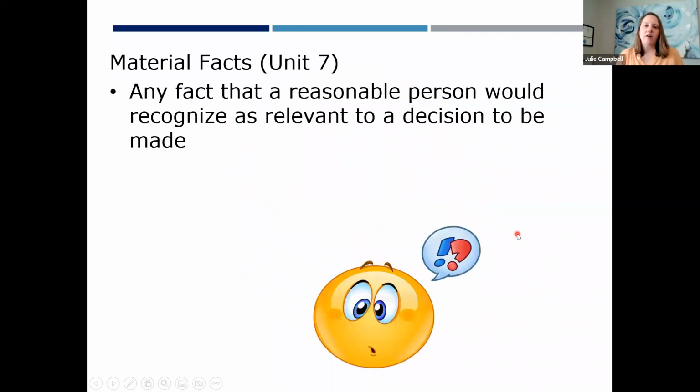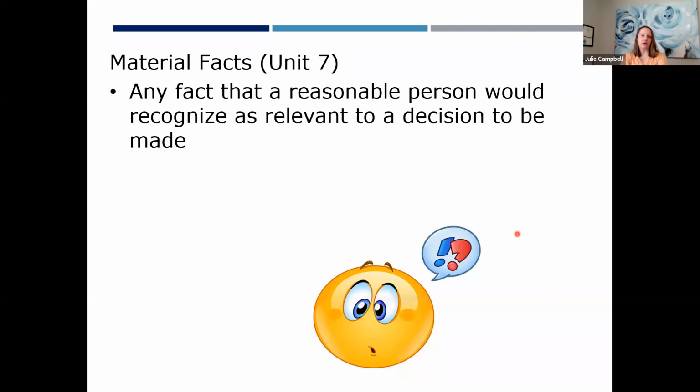So I've been babbling on about material facts. I know we're doing a deep dive in Unit 7, but we're going to be talking more and more about these things in Unit 20 generally. So let's just go into this unit with a very basic understanding of material facts. It's just anything that a reasonable person would recognize as relevant when they're trying to make a decision. That seems awfully broad, doesn't it?